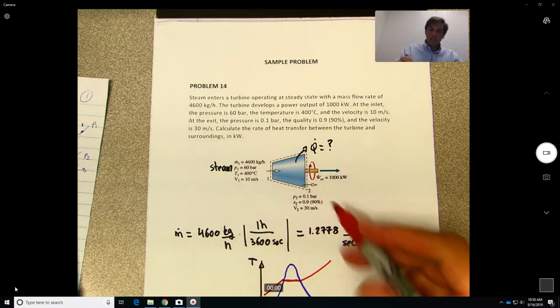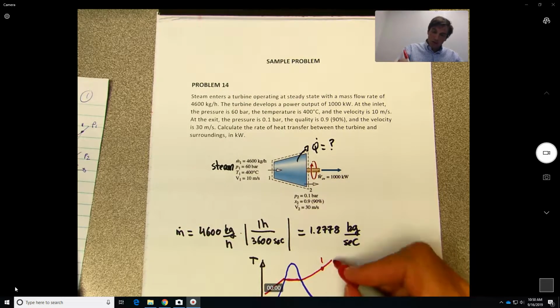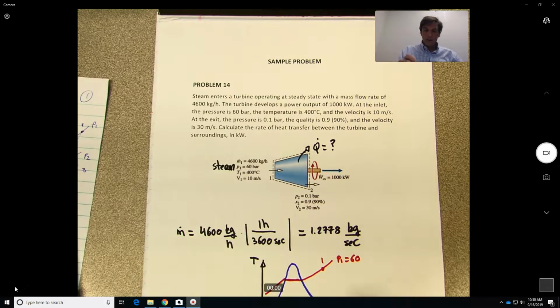Okay, we know it's steam. We can check later, but I'm pretty sure it's going to be somewhere over here, where you will know that P1 equals 60 bars. Okay, and a line over here, P2 equal to 0.1 bars.